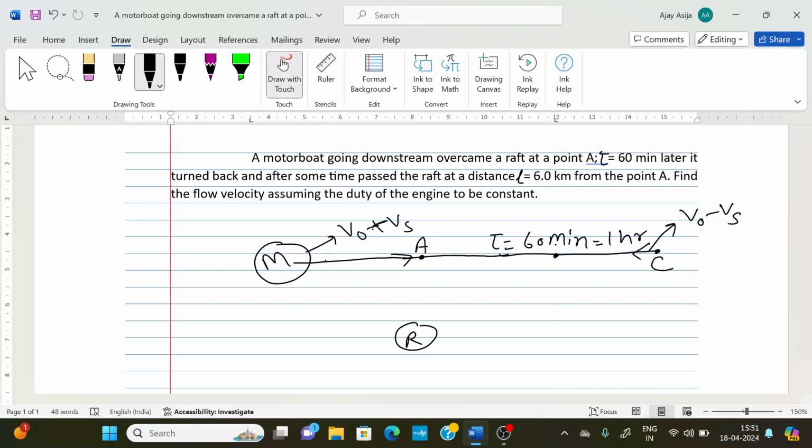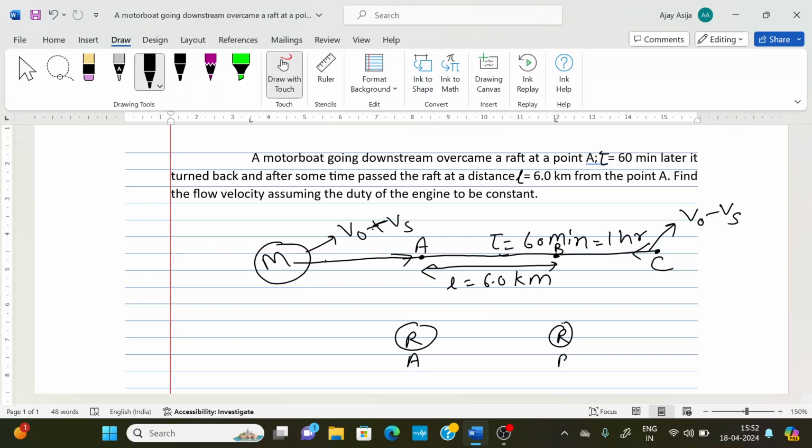Let us say this point is B. Now raft is here. Raft at a distance L is equal to 6.0 km from the point A. Now this point at which motorboat overcame the raft during backward motion is at a distance L is equal to 6.0 km from the point A. So the distance between AB is L is equal to 6.0 km.